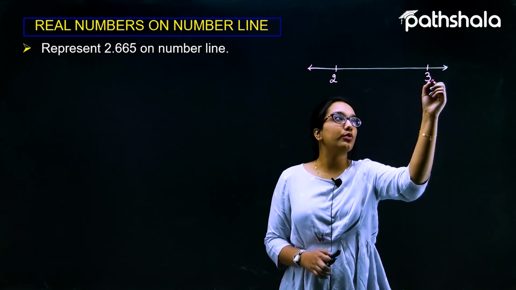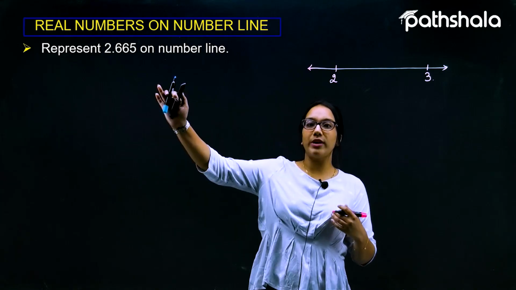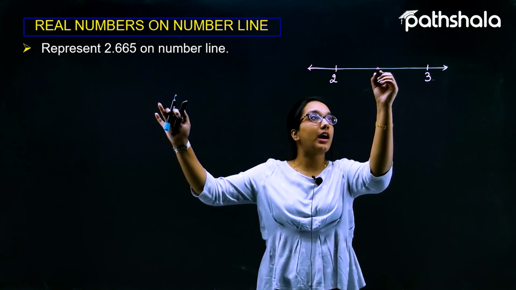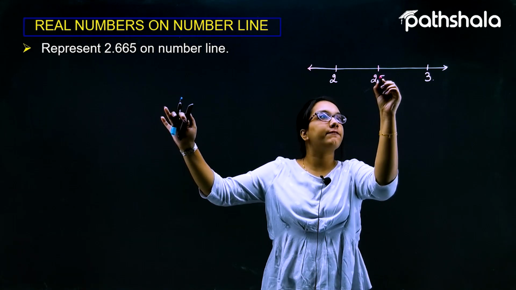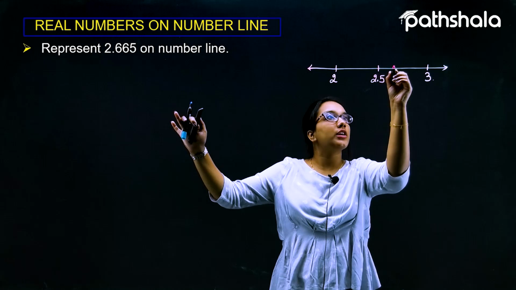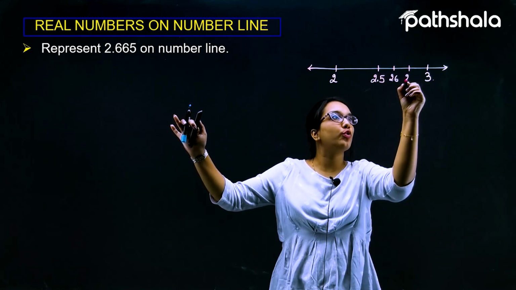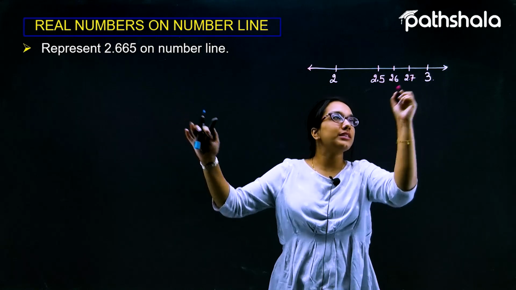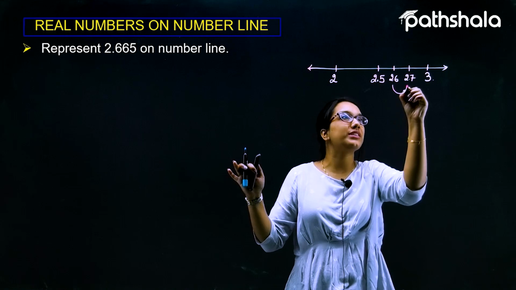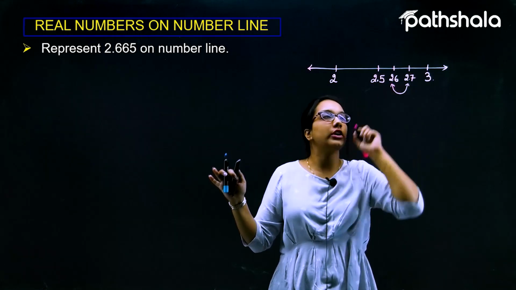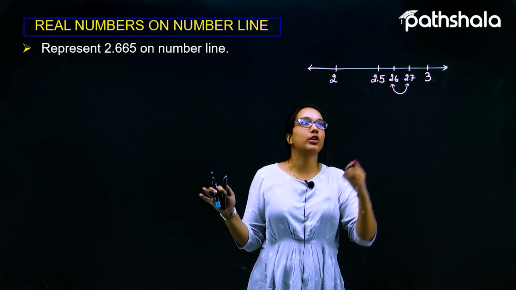Furthermore, we know that the number 2.665 lies between 2.5, 2.6, and 2.7. So it means that 2.665 is definitely lying between 2.6 and 2.7. The next step is to locate 2.6 and 2.7 on the number line.